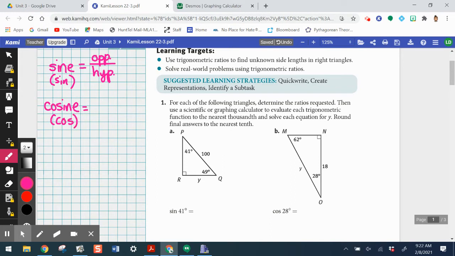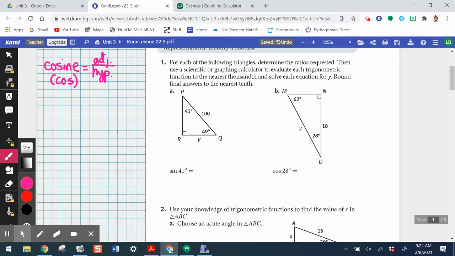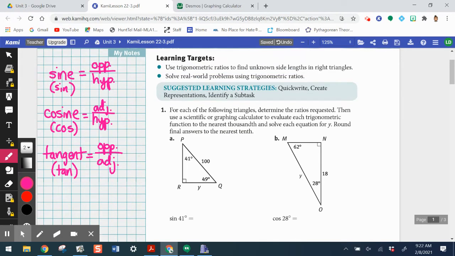We are writing a ratio comparing the adjacent leg of an angle to the hypotenuse of that triangle. And then last, tangent, which again we use TAN for tangent. We are comparing the opposite leg of an angle to the adjacent leg of that angle. So just keep that in mind.